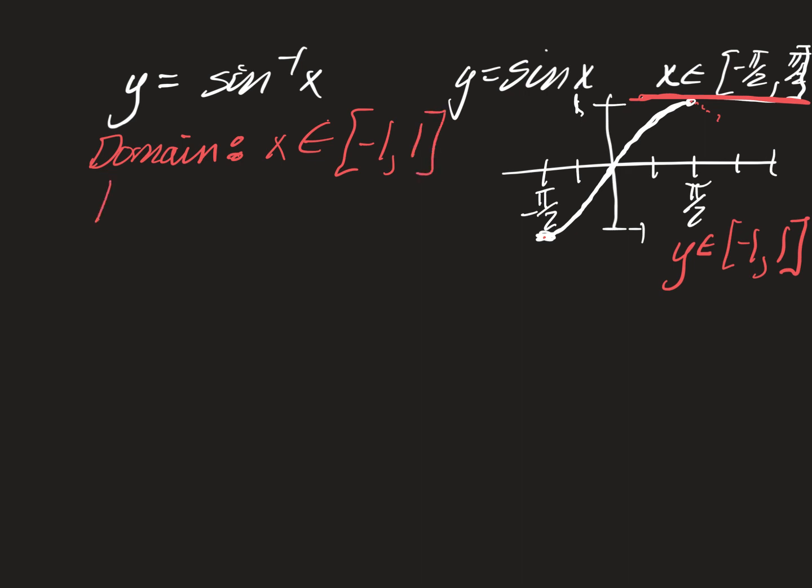And the range, the y values, are from -pi/2 to pi/2. Okay? Now, we'll focus on the graph of inverse sine x in part 2 of this video, but I want to list this domain and range because this is really important. A couple of things happening here.